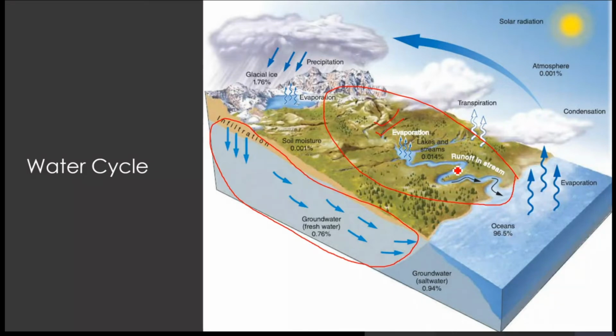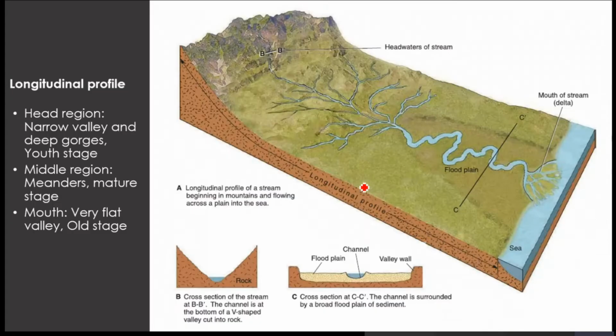If you see a stream or a river, it originates from a hilly terrain, flows through different landforms, and finally reaches the sea. This is the total life of a river.